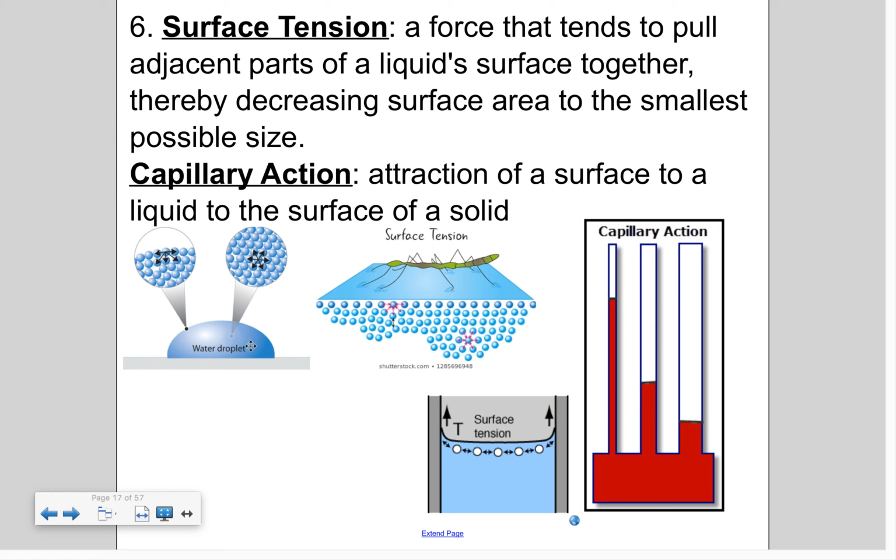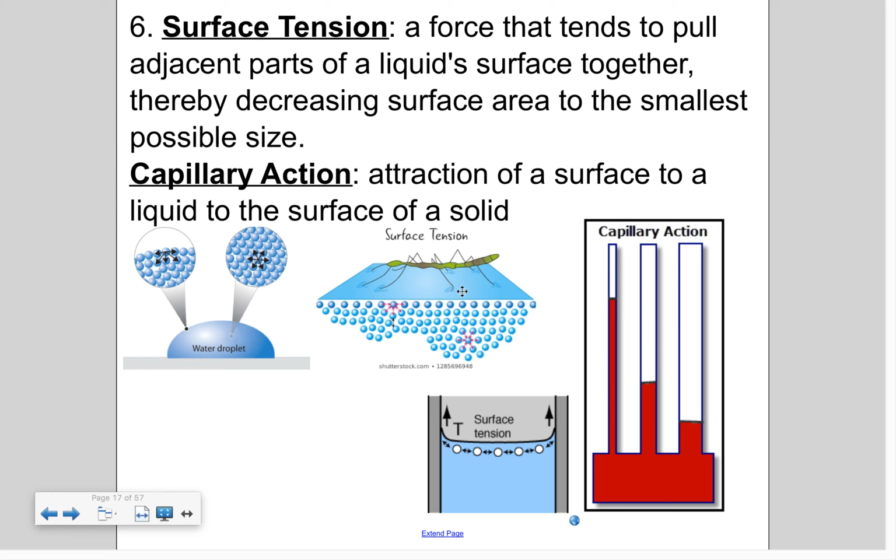This is where I would probably give you guys pennies and give you rubbing alcohol and water and count how many drops of rubbing alcohol you can put on a penny before it spills over, how many drops of water on a penny before it spills over, and talk a little bit about surface tension and the attractive forces found in alcohol versus water. But surface tension is also responsible for water bugs and how they can stride or walk on the surface of water.